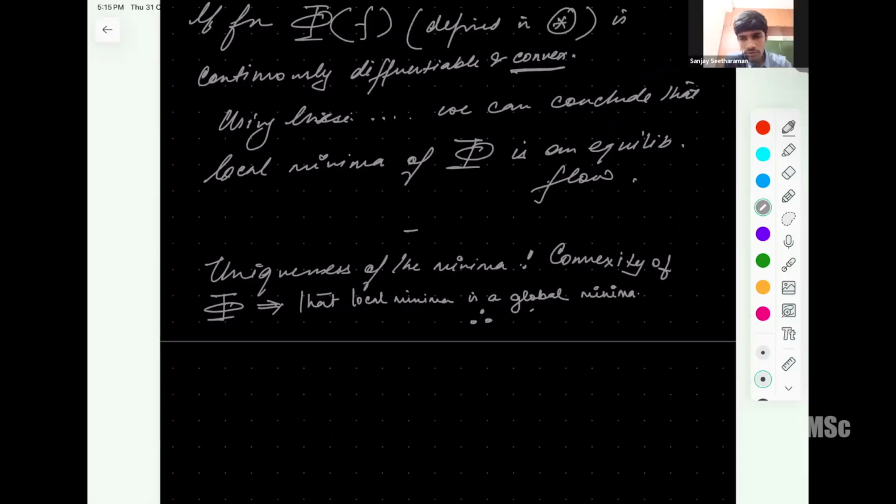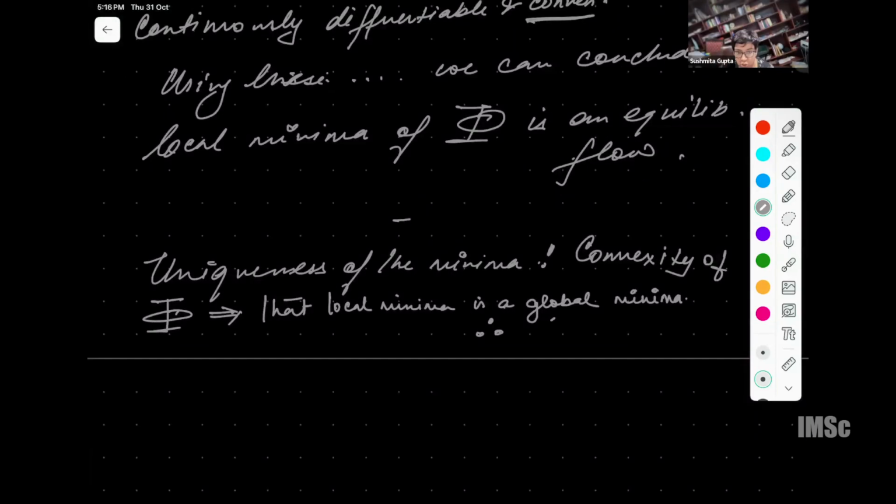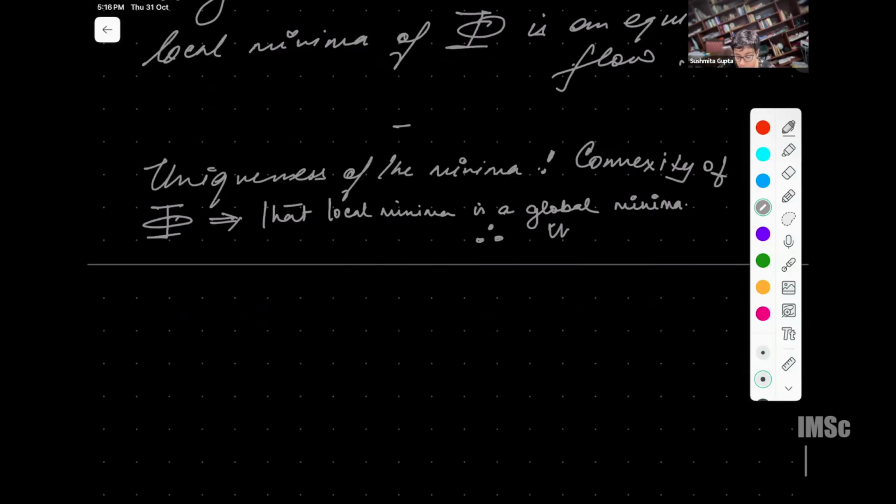So all the local minima are equilibrium flows. Now, if you have a global minima, what would that mean? What is a global minima in this context? It's the best of the equilibrium flows. Correct? Due to the convexity, we can show that the local minima is also a global minima. And therefore, it is unique. Okay? So, let's follow this.